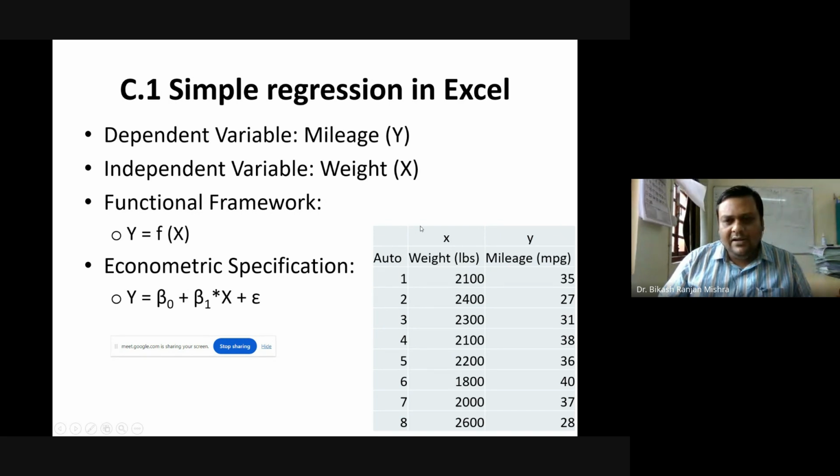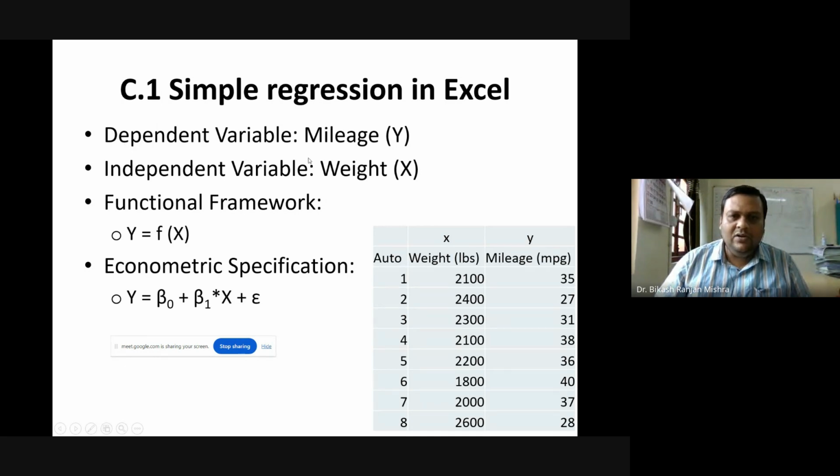The objective is: if mileage is considered the dependent variable, whether the weight of that automobile actually affects the mileage or not. If yes, what is the nature of its effect? That means, the higher the weight, the more the mileage, or the lower the weight, the more the mileage. If that is the objective of my investigation, how do we decode that in terms of our analysis?